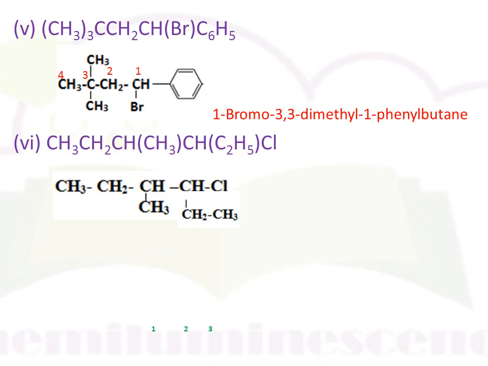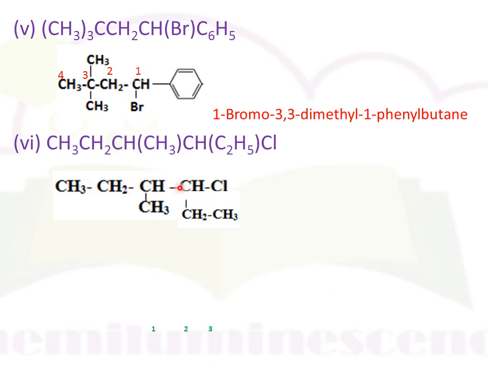If you select this chain to which chlorine is directly bonded, it comes as 1, 2, 3, 4. But if you see this chain like this, to which also a chlorine is directly bonded, this is 1, 2, 3, 4, 5, 6. A 6 carbon chain. So this one is the longest carbon chain.